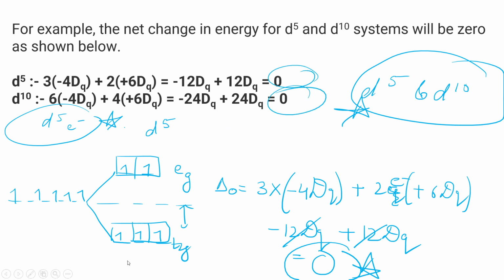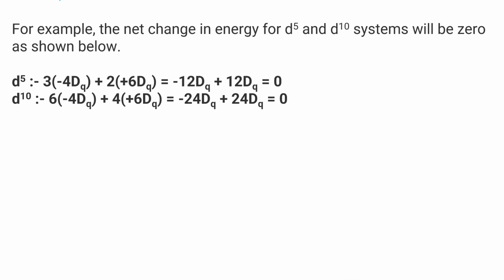Let's see the case of d10 as well. We have 10 electrons: 1, 2, 3, 4, 5, 6, 7, 8, 9, 10. Whether we form a high spin or low spin complex doesn't matter in the case of d10.